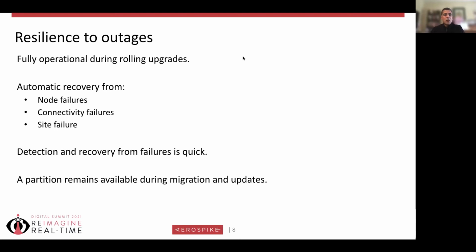Next, we'll talk about resilience in greater detail. Aerospike allows for planned outages where data remains available through rolling upgrades. Whether it's hardware maintenance or software upgrades, you would have all the data available through the rolling upgrade procedure.